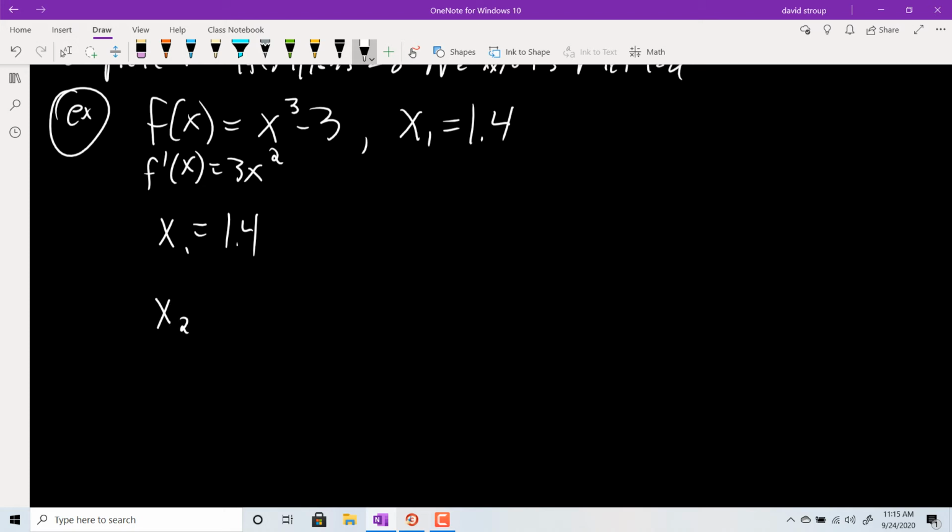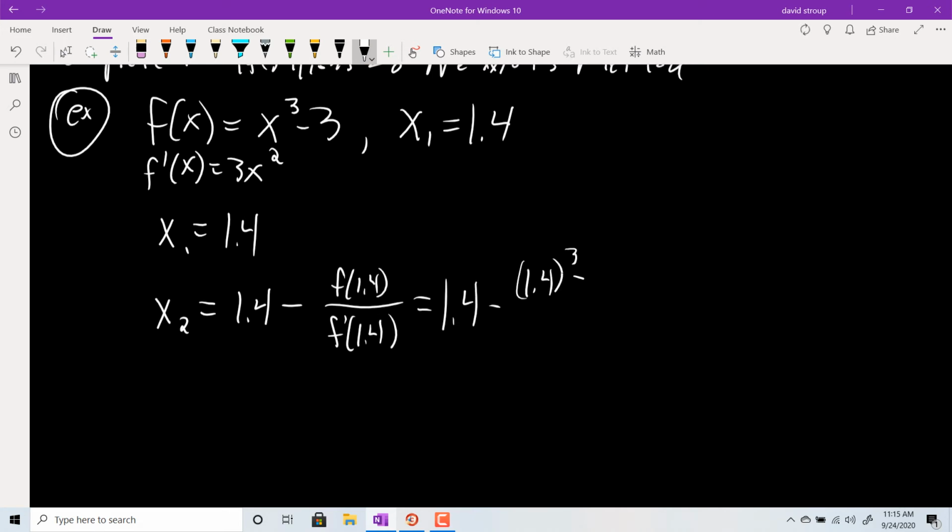So x sub 2 is x sub 1, which is 1.4, minus f of 1.4 divided by f prime of 1.4. So that will equal 1.4 minus 1.4 cubed minus 3 all over 3 times 1.4 squared. And my calculator is telling me that this should be about 1.44354.